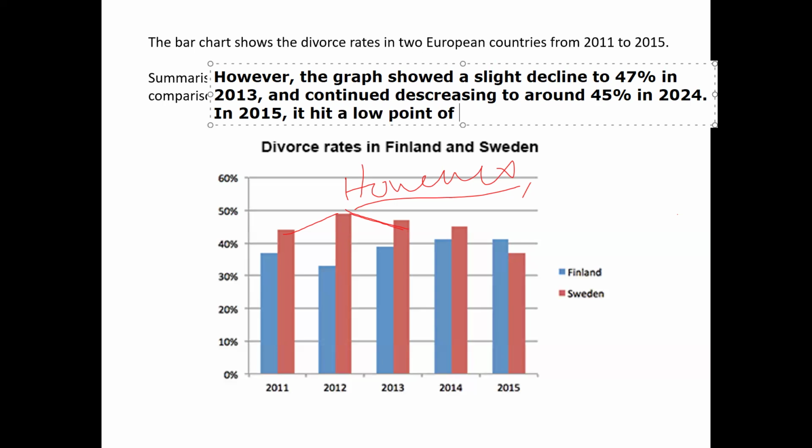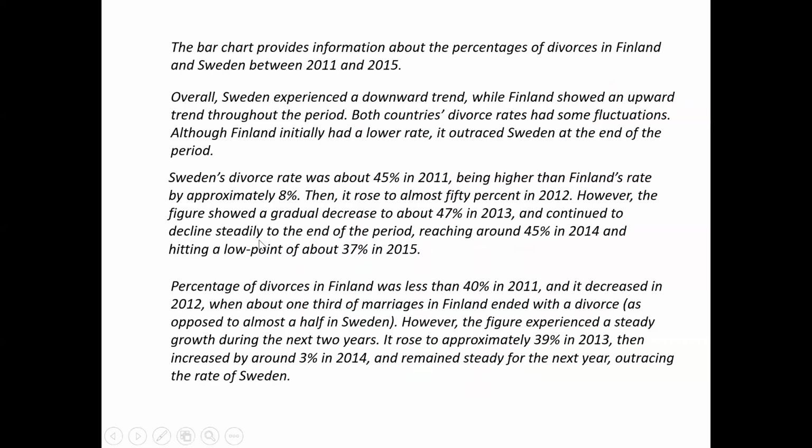You can write approximately 37%. So simply we have covered one of the graphs, that's clear to you all. Now, and continue to decline steadily at the end of the period, reaching around 45 in 2014 and hitting a low point of about 37 in 2015. See, hitting a low point.